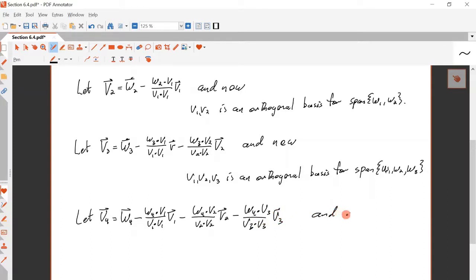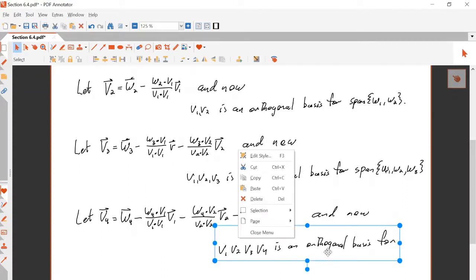And now V1, V2, V3, V4 is an orthogonal basis for the span of W1 through W4. And it just keeps going like that, and you keep going till you're done.